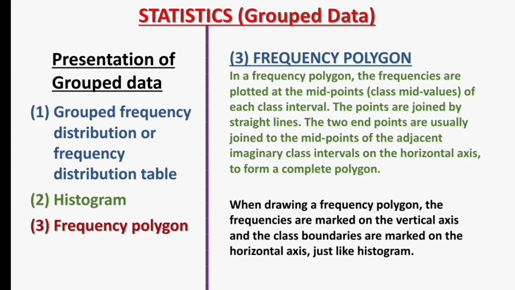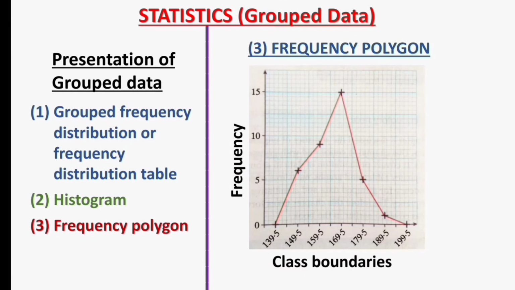When drawing a frequency polygon, the frequencies are marked on the vertical axis and the class boundaries are marked on the horizontal axis, just like in a histogram. Here is an example of how a frequency polygon looks.